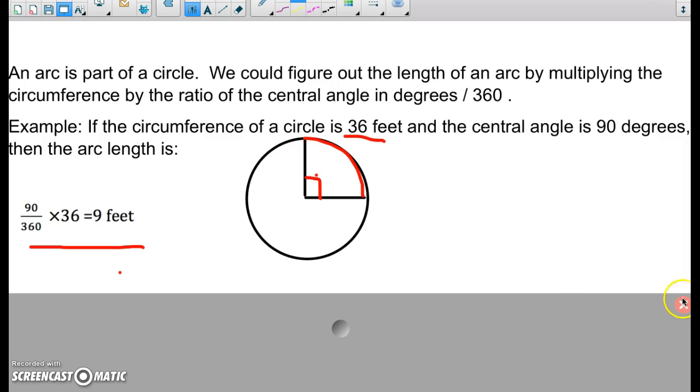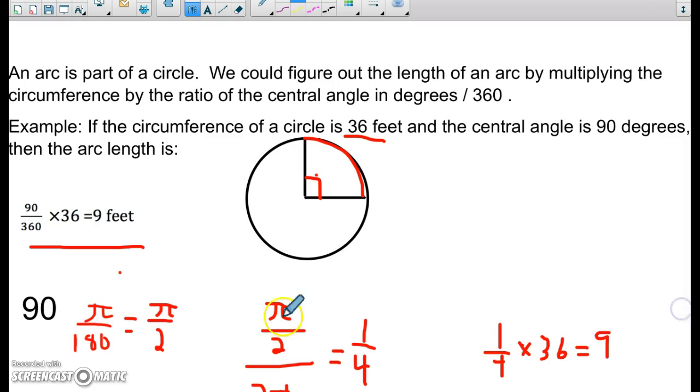All right. How else can I look at this? Well, what if I took 90, and that's 90 degrees, by the way, there should be a little degree sign in here, and I converted it to radians. 90 degrees is pi over 2 radians, just using the conversion formula.